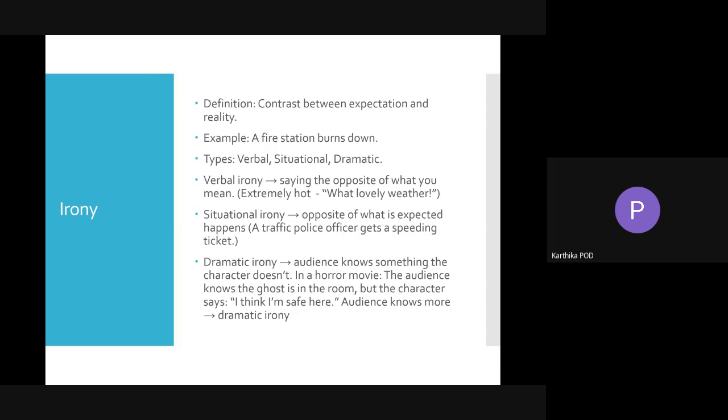Anybody? A fire station burns down. Anyone try? It's okay to be wrong.